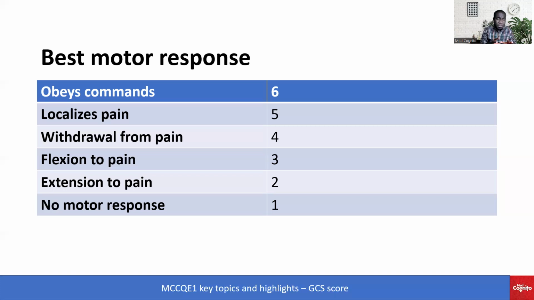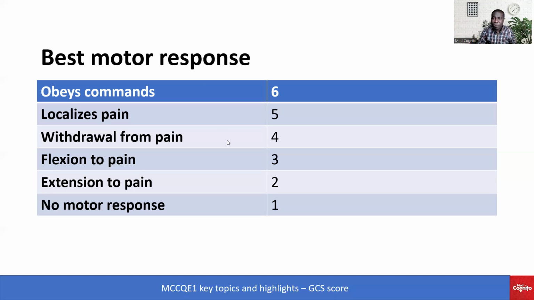So what I usually tell people is that for the motor, if the patient obeys command, that is 6. And you realize that it goes 5, localizing the pain, 4, withdrawal from the pain, abnormal flexion to the pain, abnormal extension to the pain, and no motor response. So always remember in, out, okay? That's the best way to remember this.